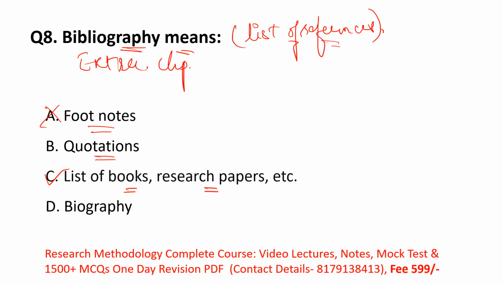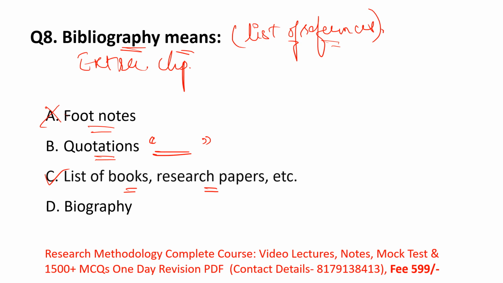Then option B, quotations. Quotations means a passage referred to, or a sentence said by a particular personality. Generally the researcher puts that sentence in quotation marks. That is known as quotations.